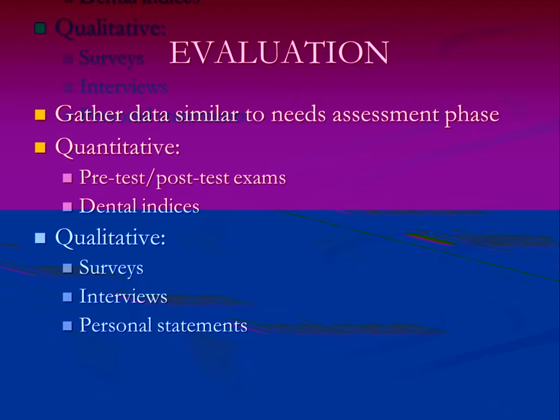If you do a pre and a post test or survey, then you can do some number crunching and some statistical analysis to see if you were successful. Or you could do the dental indices as well. So if your community had an OHIS of 5.2 and then it dropped down to a 2.0, then you can make some significant conclusions there.